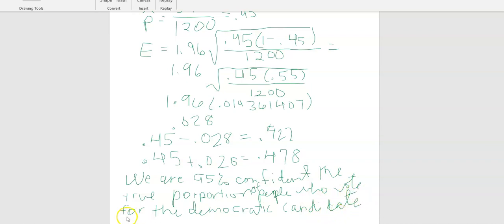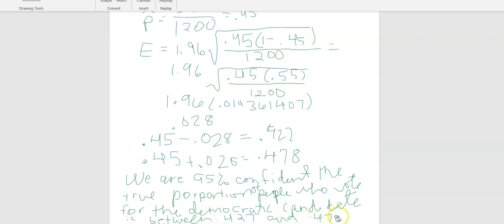is between, I'm running out of room on the page, 0.427 and 0.478.